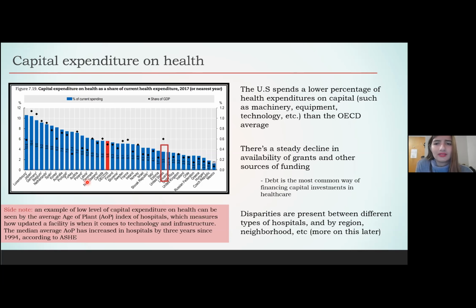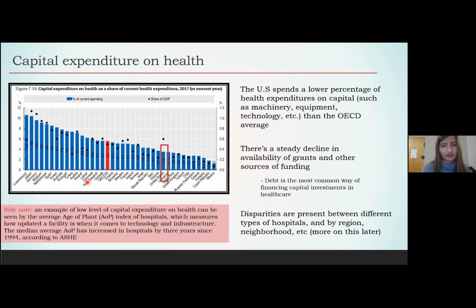So what that means is that there really is just not as much spending in equipment, or there was not as much spending in equipment before the pandemic, and in technology and human resources, to really have a strong foundation of the healthcare system.